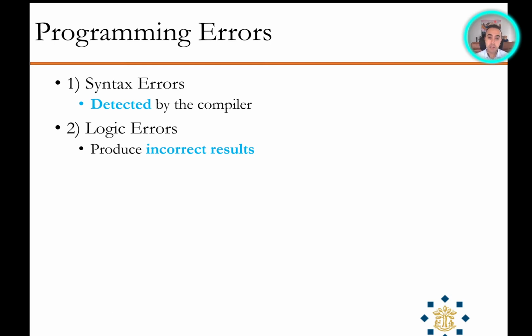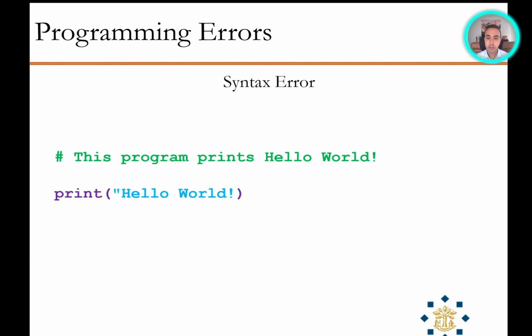But logic errors are not detected by the compiler, and they produce incorrect results. For instance, in this particular example, there is a syntax error: this program prints hello world. We forgot to put the closing of the quotations. There must be another quotation mark here, but it's missing. That's a syntax error.